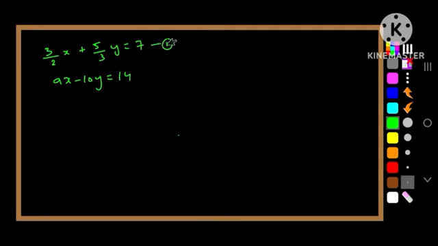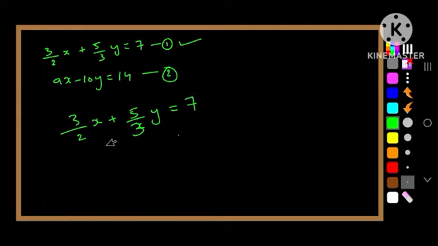So this is our first equation and this is our second equation. So we'll take the example of this first equation and find out the y value. Here you'll see that you are having the numerator and denominator, that is, it is in fractions.